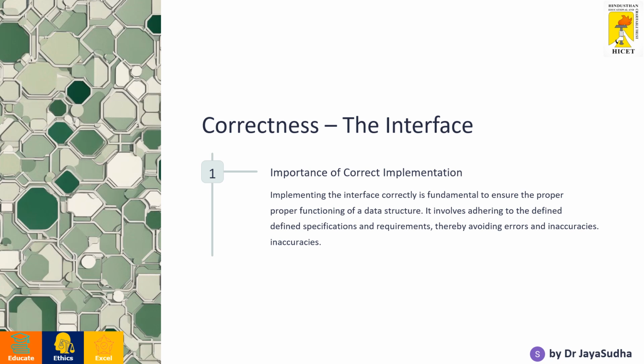Ensuring correctness is crucial in developing reliable and robust software systems, as incorrect data manipulation can lead to logical errors, data corruption, or it might even lead to program crashes.